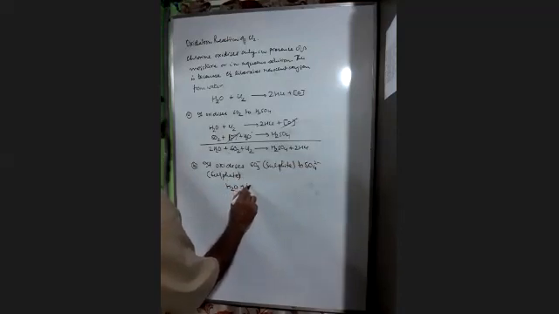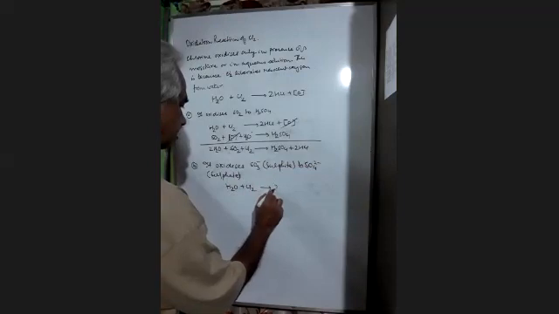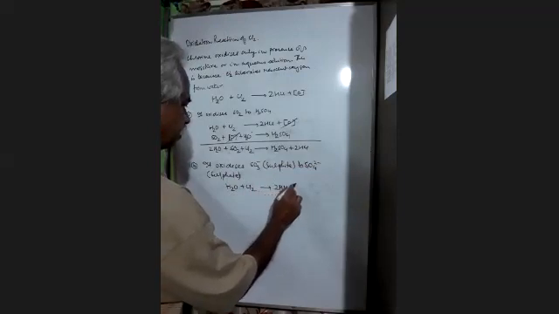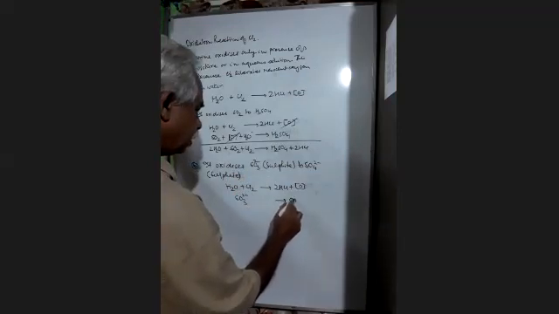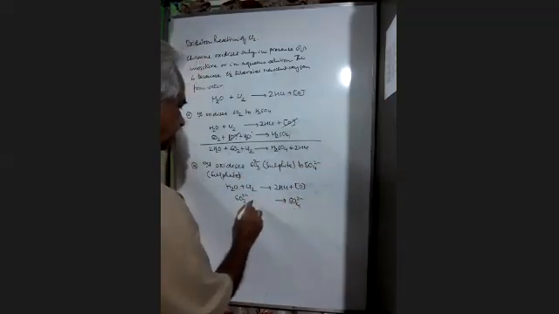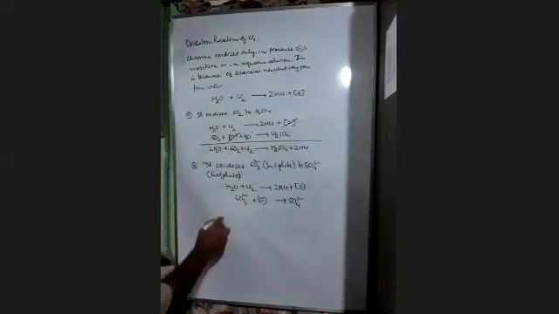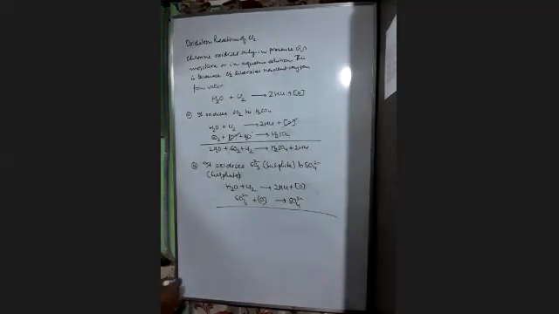H2O plus Cl2 is equal to HCl plus O. See here, SO3 2 minus. It will give you what? SO4 2 minus. So you write here oxygen 3 plus 1, 4. So now you add it.